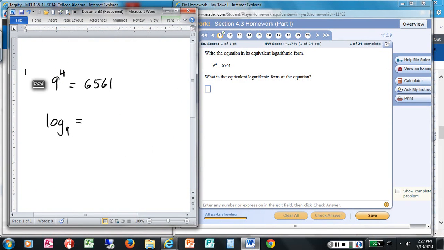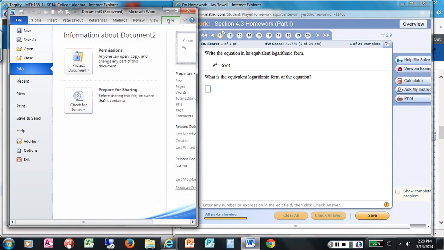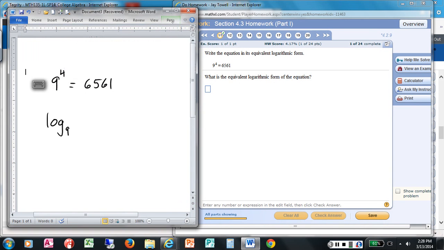And of course, what we take the logarithm of is what's over here on the left side by itself. So the log base 9 of 6561. And then, of course, the exponent in the logarithm form will be on the side by itself.